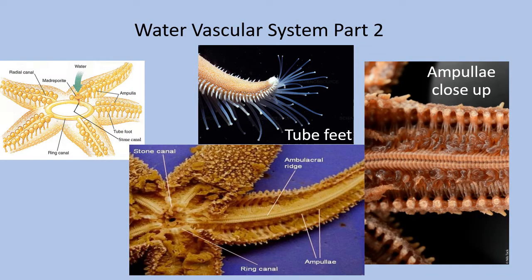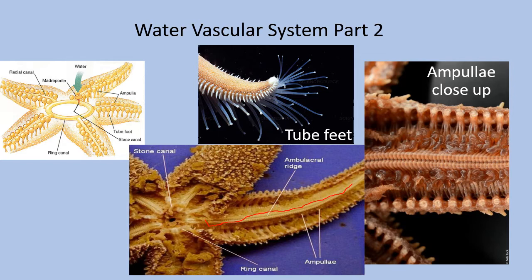So after the ring canal, the water of the water vascular system extends down each arm by the radial canal. Okay, so the radial canal would extend down the middle of each arm. You can see there's kind of this bony looking ridge that extends down the arm.